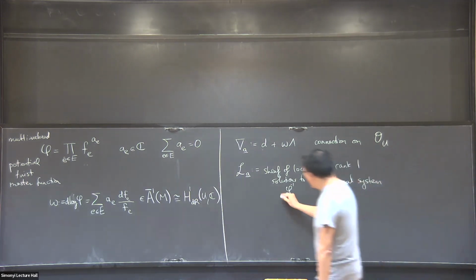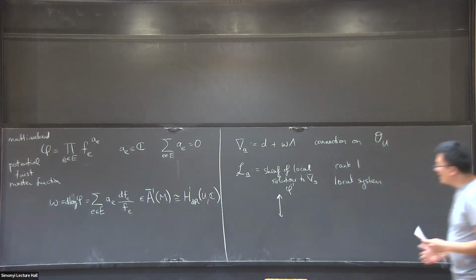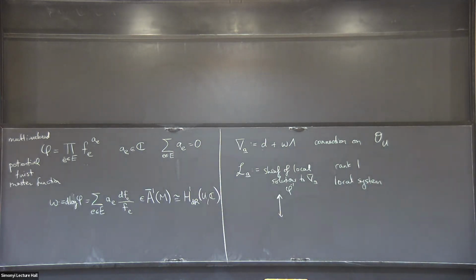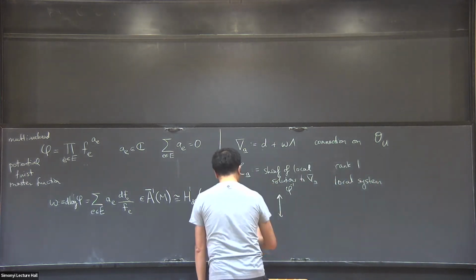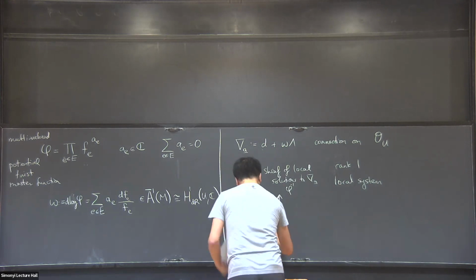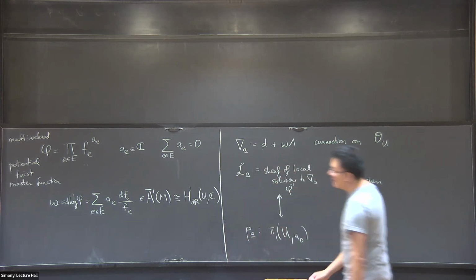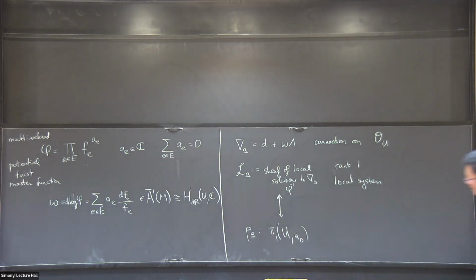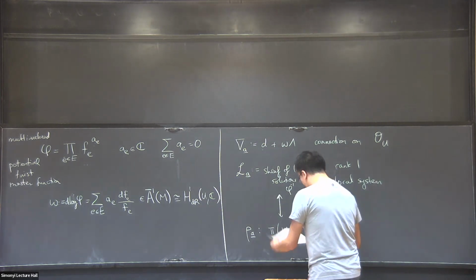So what is the data of a rank 1 local system? A rank 1 local system is, up to isomorphism, the same thing as a representation of pi1. So pick a base point in this hyperplane arrangement complement, and you get a representation of the fundamental group.